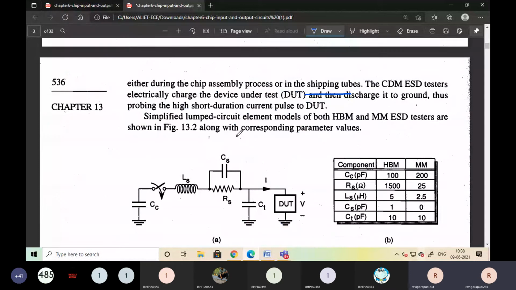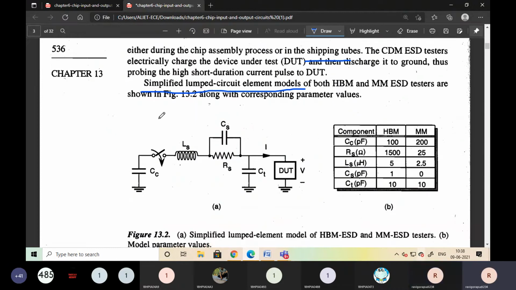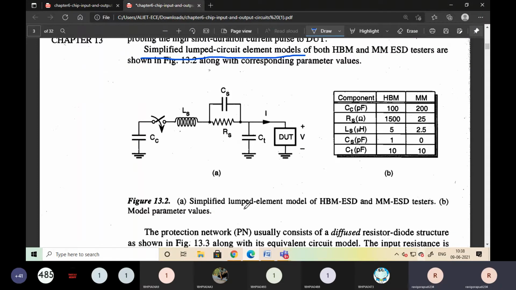And the next one, simplified lumped circuit element models of both HBM and MM testers are shown below. This is the advanced simplified lumped circuit model. If we use this circuit, we are able to protect our IC.